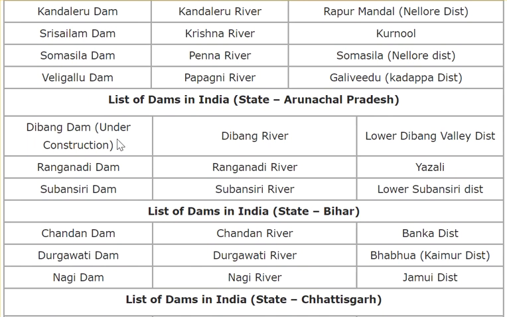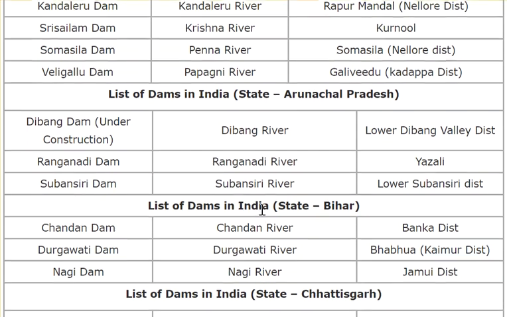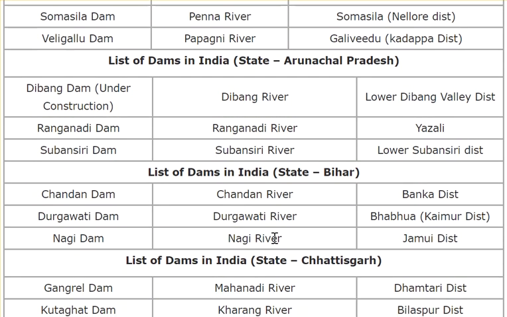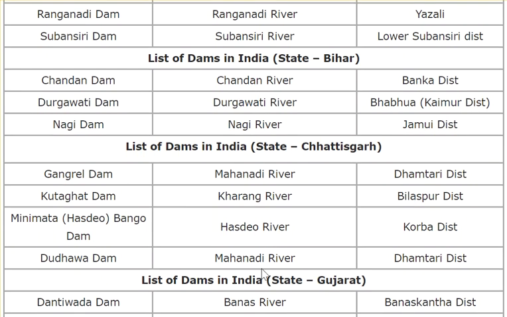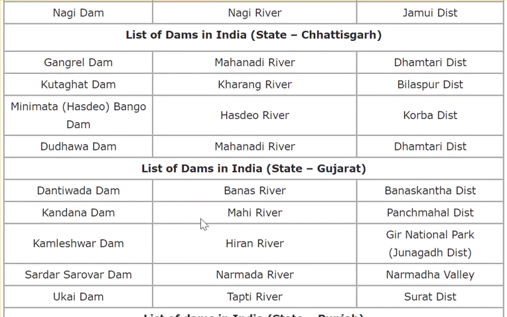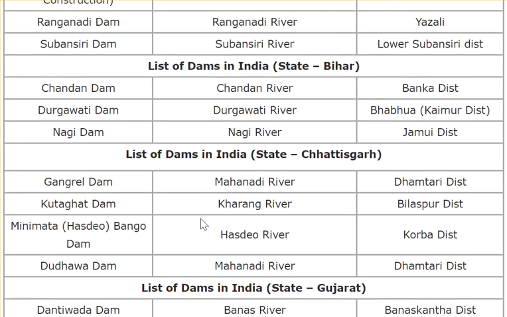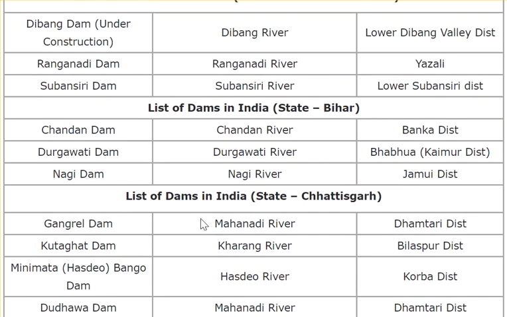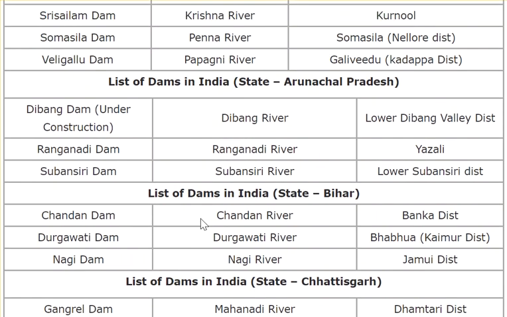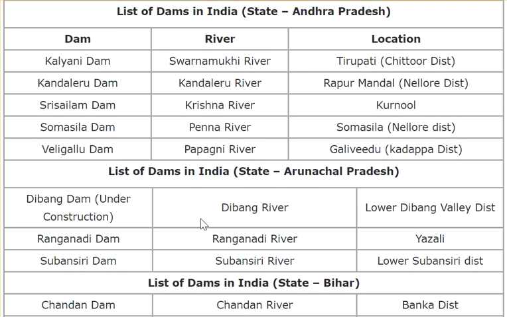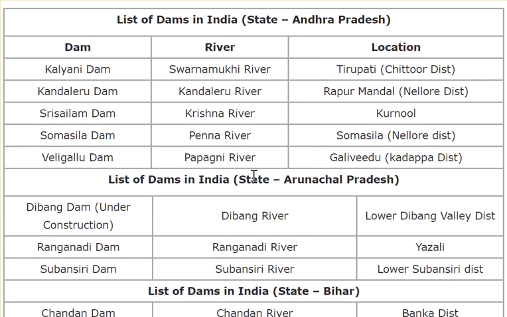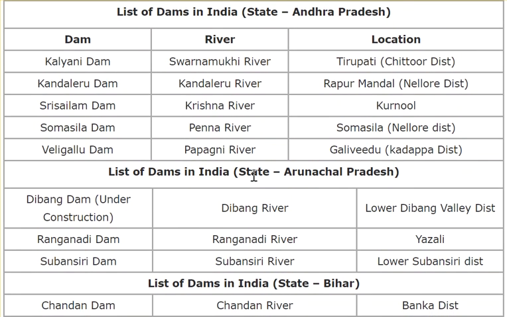Then Bihar has only three again, then Chhattisgarh only four, Gujarat five. This way you can start, and five in Andhra Pradesh is not a big number, so you can remember that also.